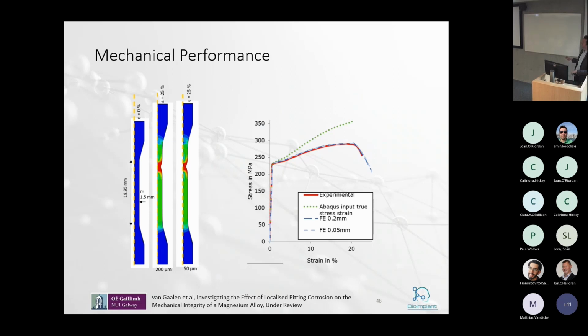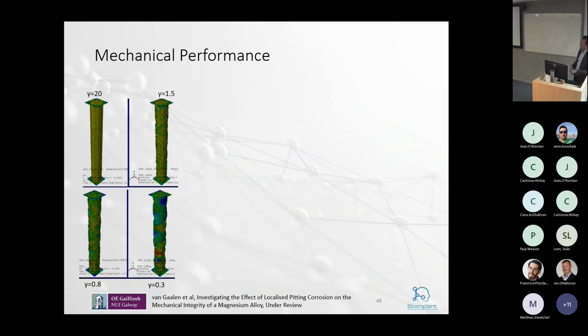We calibrated an elastic plastic law based on the day zero data, so this matched our day zero experimental data, and we applied a range of different corrosion scenarios to these gauge sections and did a simulated uniaxial tensile test to generate more data around this.